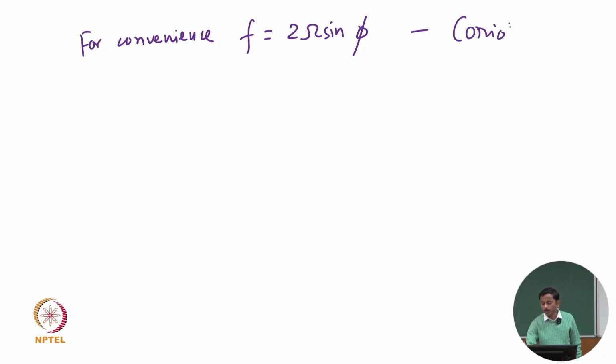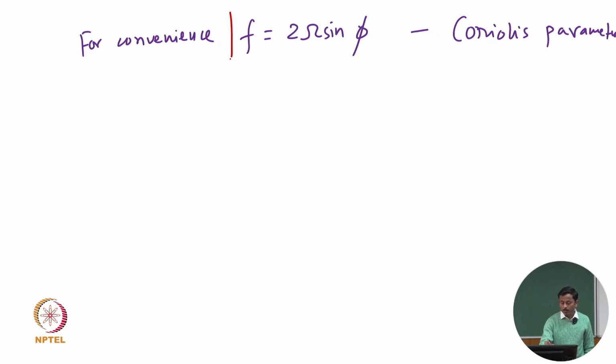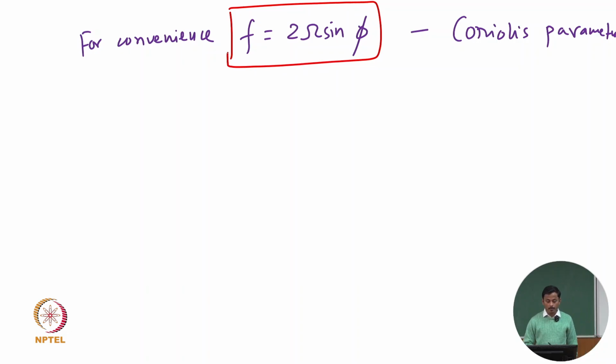As I told you there, we'll have a different form of the Coriolis parameter once we go to motion on a sphere. This is the form of the Coriolis parameter. Initially on a plane, it was just 2 omega. Now we have 2 omega sin phi, where phi is the latitude.